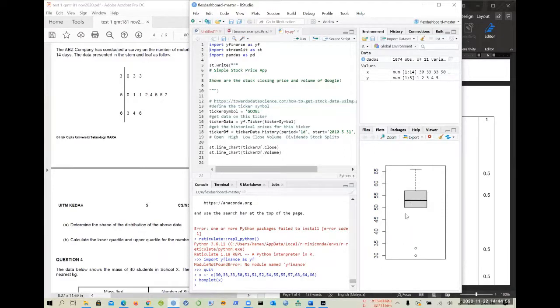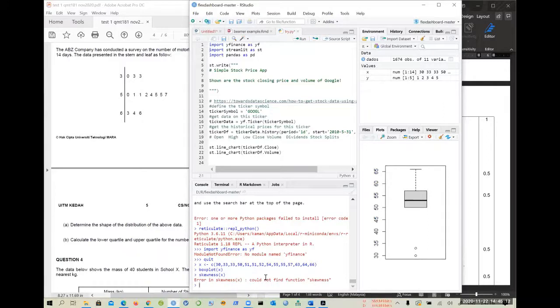Okay, kalau you tengok ni, this is not normal. And then dekat middle ni pun dia tak sama dekat tengah-tengah. So and then dia ada ni. So let me just check on the skewness. Sorry, skewness tak ada. Summary.